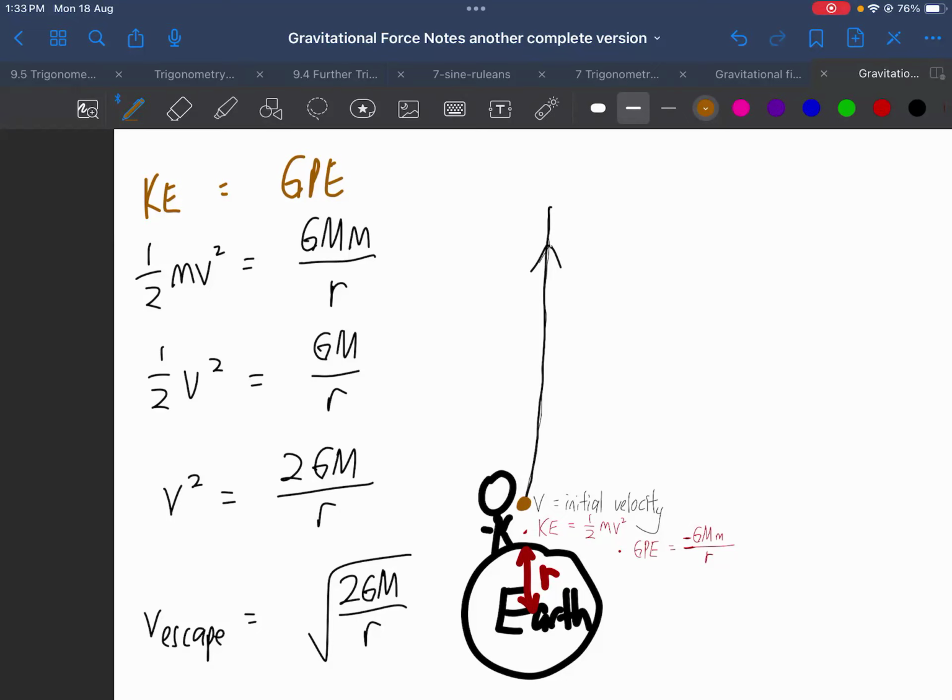So you see, the kinetic energy, half mv squared, is equal to GMm over r, the gravitational potential energy. You are using this formula to figure out the minimum velocity you need to throw the object so that it can go away from the Earth forever.